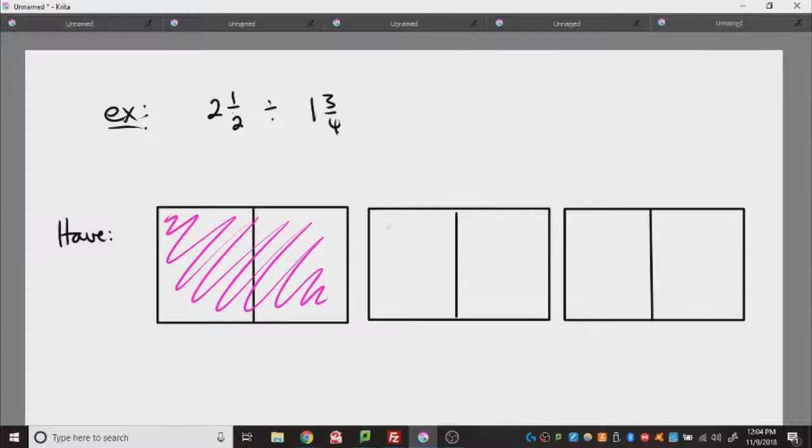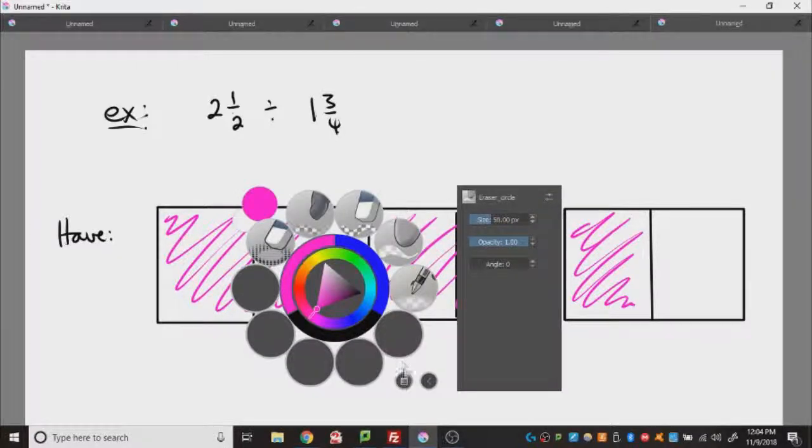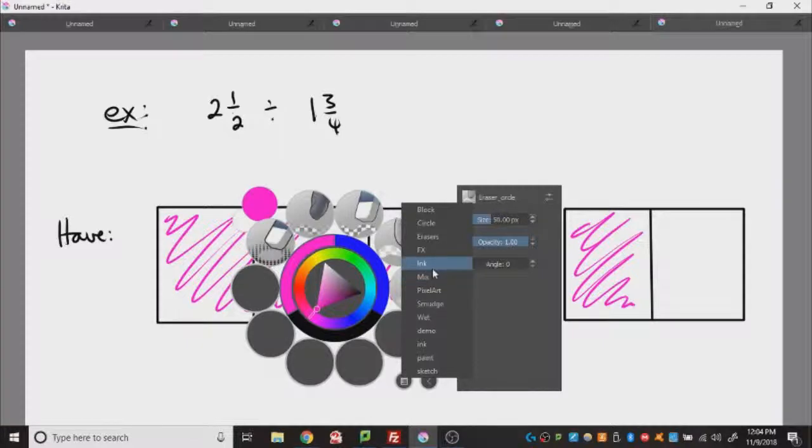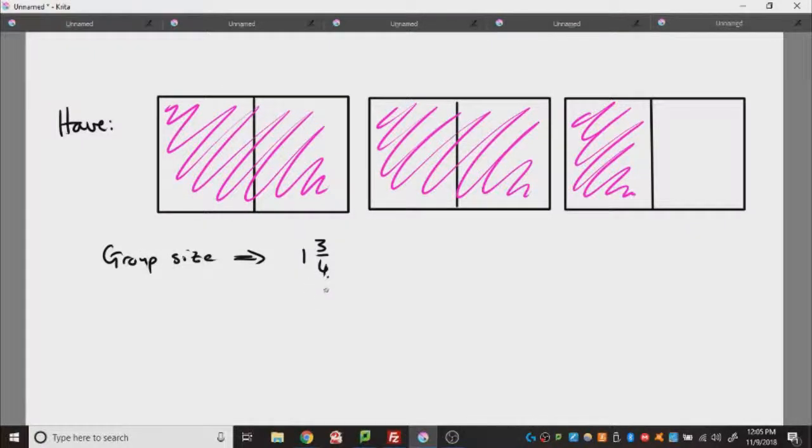Whole loaf of bread, another whole one, and half of the last one. So now, oh, what did I just do? I'm still in pink. So my group size corresponds to 1 3/4. But what is that?